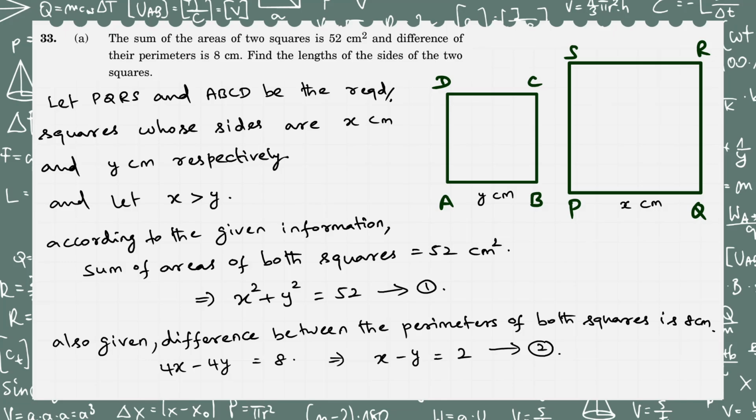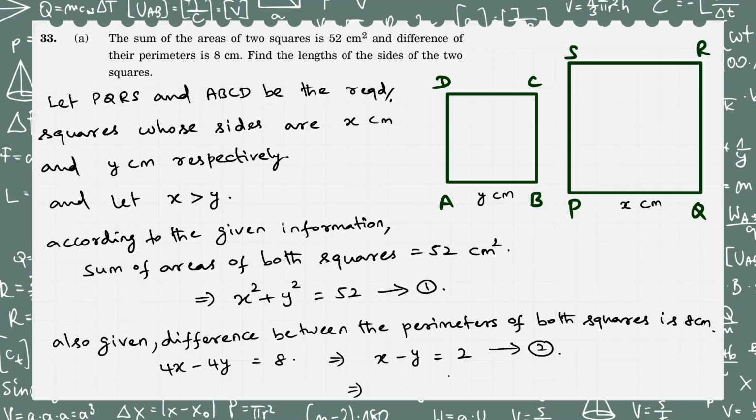So we are not going to use that. We are going to use the substitution method. What is the substitution we are going to do here? We are going to take x value from the second equation and we are going to apply that in the first equation. Let us do that.